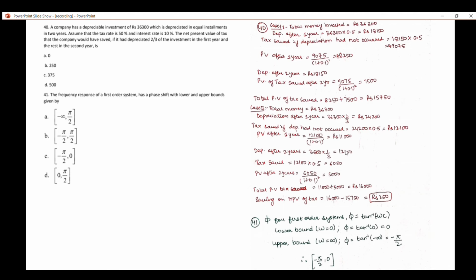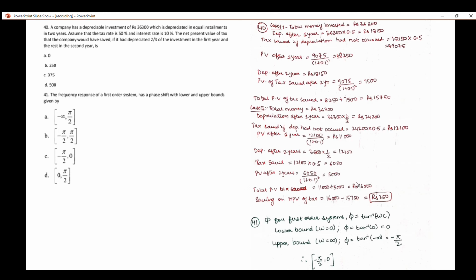The amount of tax which the company would have saved is 6,050, 0.5 because of the 50% tax, and the present value after 2 years would be 5,000. So the total present value of tax is the amount after 1 year and the amount after the second year, which is 11,000 and 5,000.